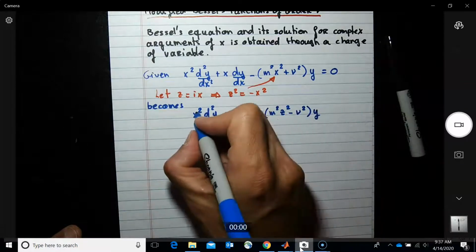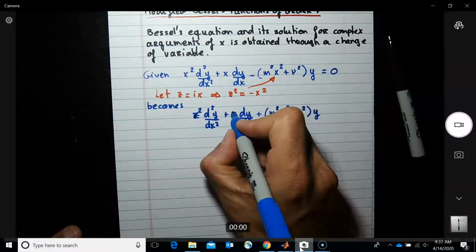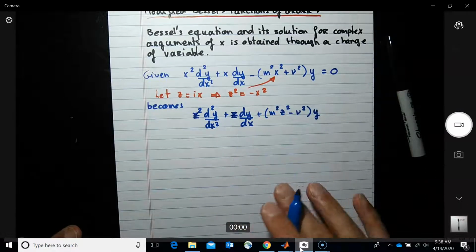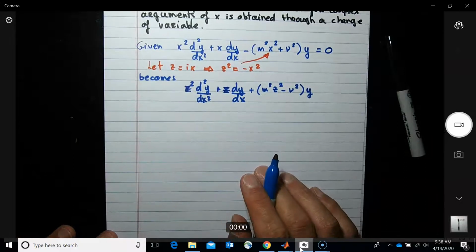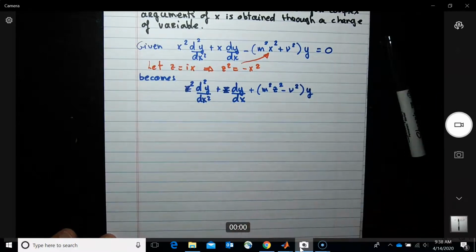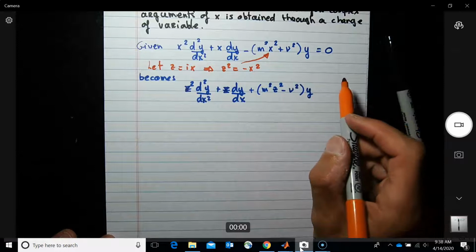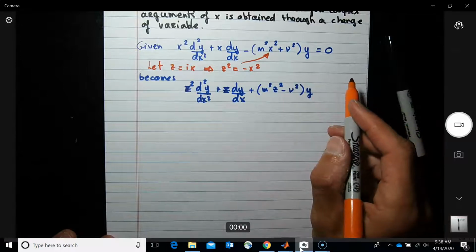Oh, I made a mistake here. We are going to modify this one by z, and this one will also be z, so we don't have two variables. So this is the equation for the modified Bessel function.